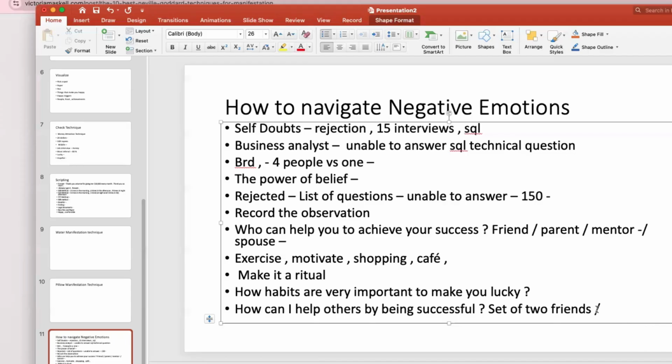Also, having a set of friends. You need to have at least two people. When you have friends with the same vibe, and you're doing it together, then it's even more effective. If you have a support group, a couple of friends who can join and do this, everybody says, okay, we are going to do it at the same time. Can we do this together?